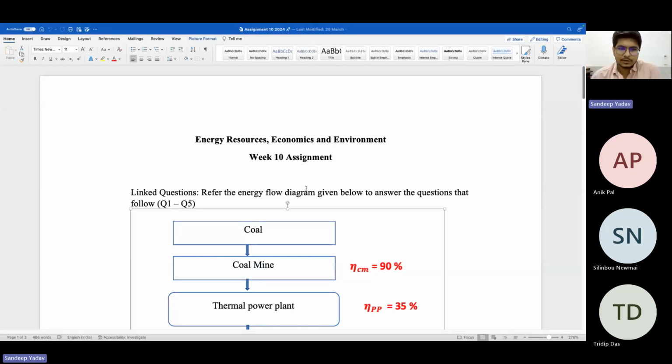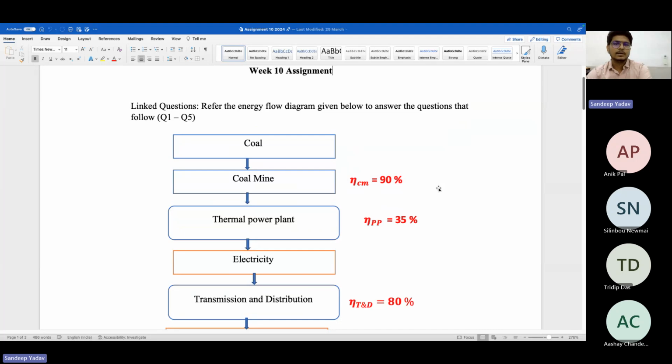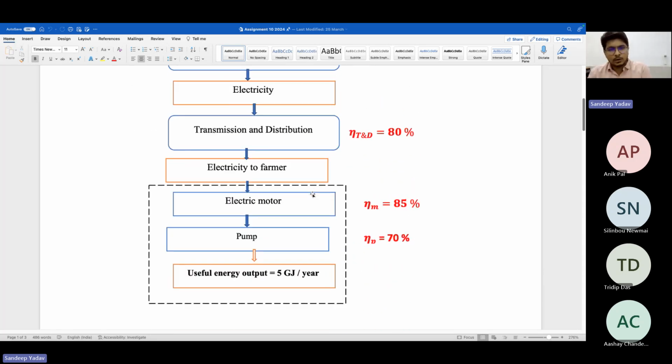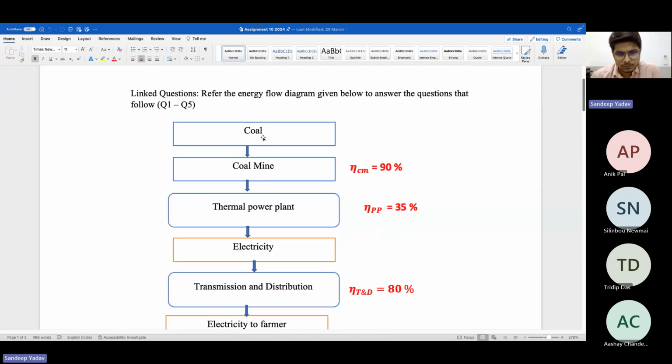Question number one. This is the input data given for multiple questions. Here, this is the energy flow diagram for electricity generation from a coal power plant to the operator pump. So here we can see coal is being used from the coal mining with an efficiency of 90%. Then it is fed into a thermal power plant for electricity generation, which has an efficiency of 35%.